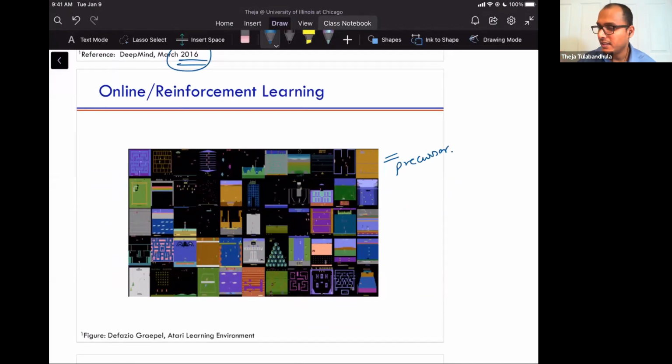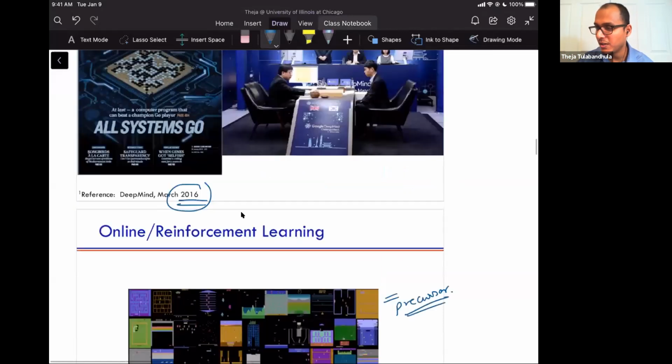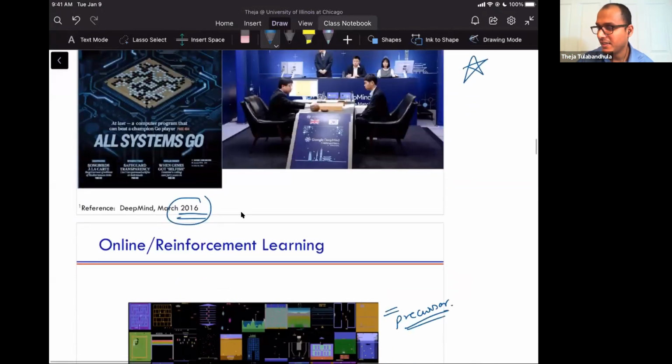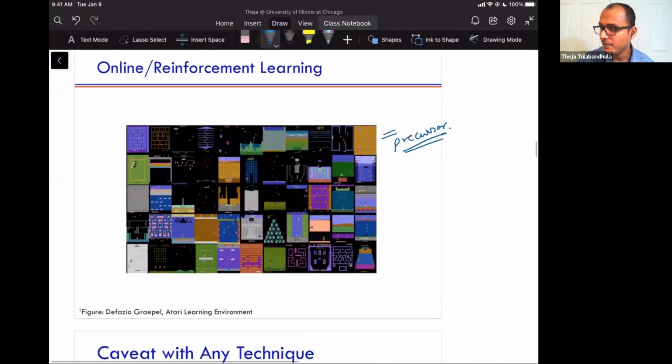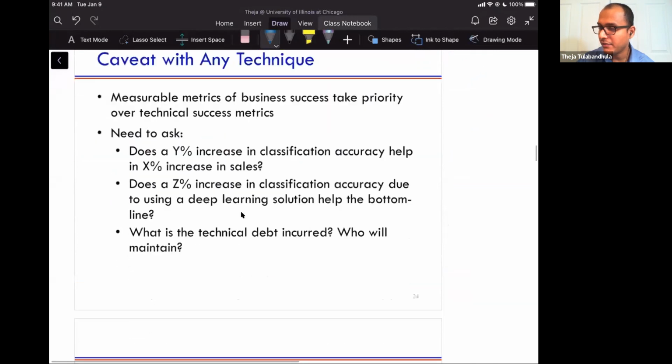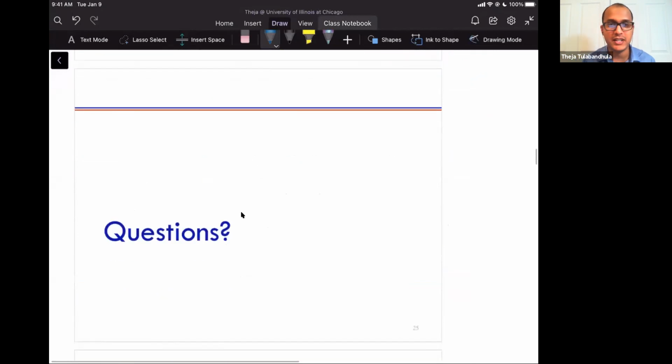This is where DeepMind was able to show that they can build deep learning driven decision making solutions, in this case game playing agents, which can play these video games really well. After this achievement, they moved on to a much harder goal, and they did really well there. I want to give you a couple more examples before we take a short break.